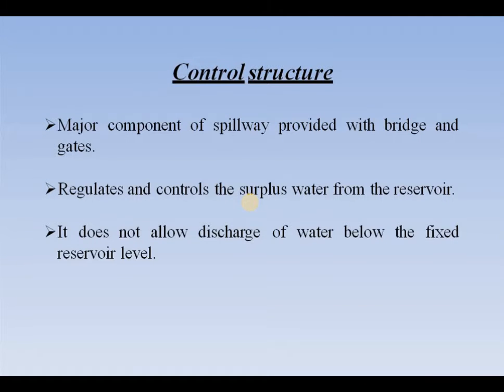What is a control structure? It is a major component of a spillway scheme provided with a bridge and gates. It regulates and controls the surplus water from the reservoir. The main work of the control structure is to control and regulate the excess water of the reservoir.